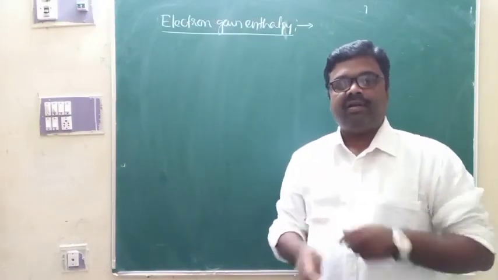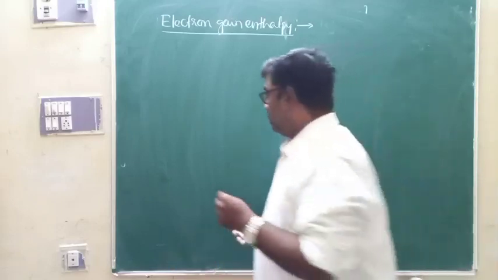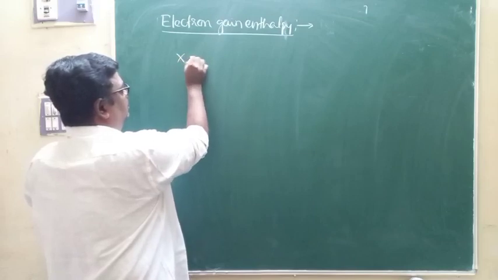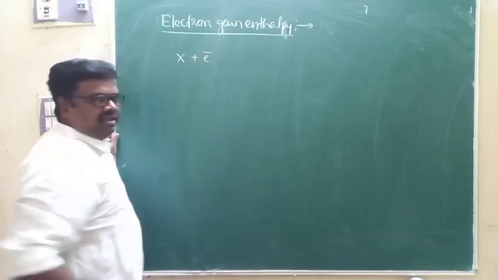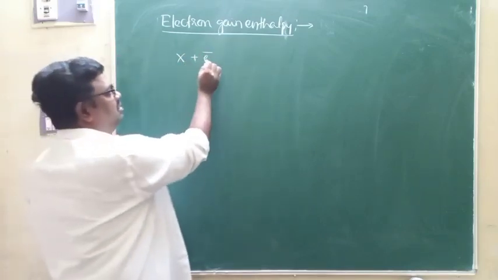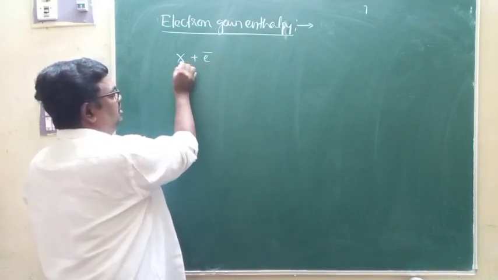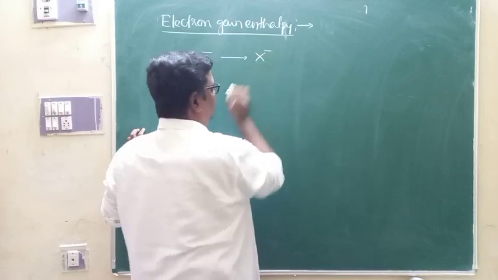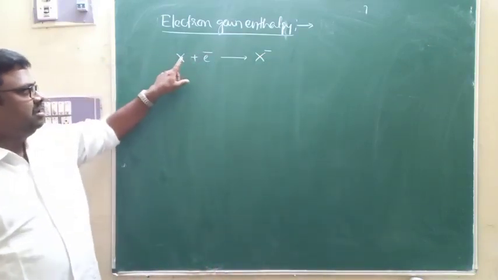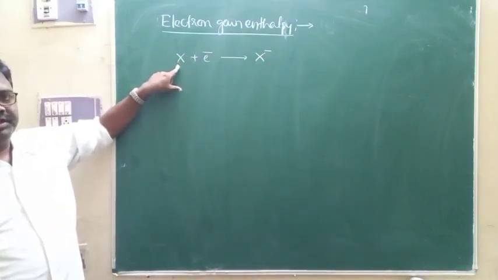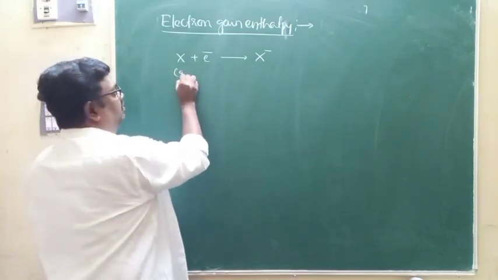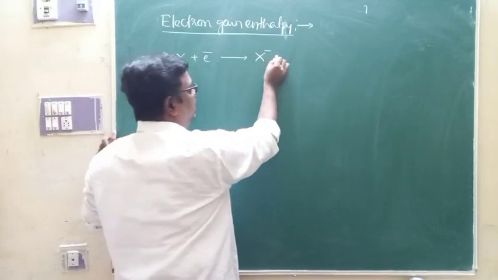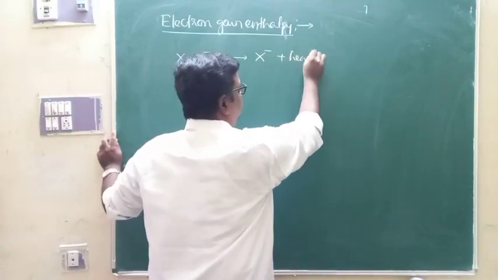That will be electron gain enthalpy, right? You know, electron gain enthalpy is the amount of energy liberated when one electron is added to the neutral gaseous isolated atom. This is a neutral gaseous isolated atom. When one electron is added to this atom, you are going to get X minus with the liberation of energy.